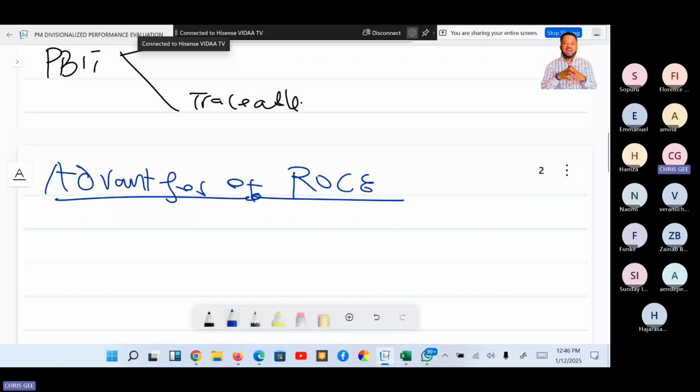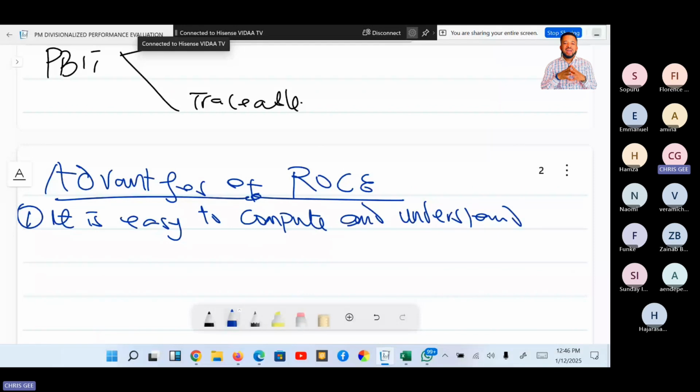Number one, it is easy to compute and understand. So students will write, it is easy to compute, it is easy to interpret, it is easy to understand. They are all 1 point. All right. You just want to make your book to be full. Okay, so easy to compute and understand.